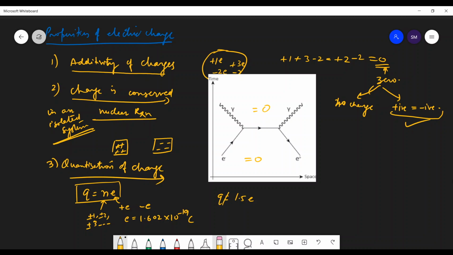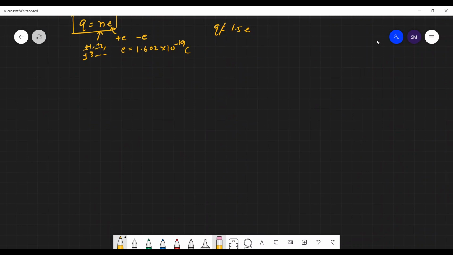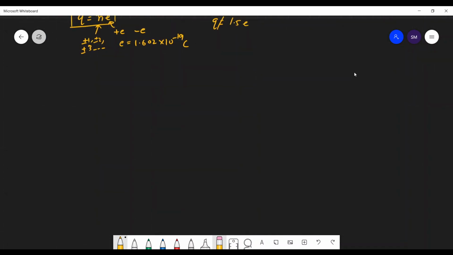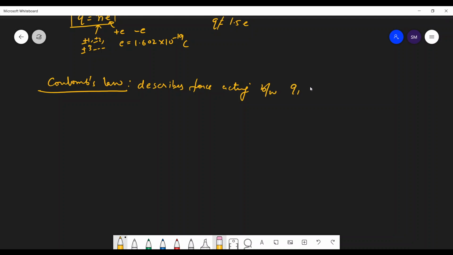Now our next topic is Coulomb's law. Coulomb's law describes the force acting between two charges Q1 and Q2.